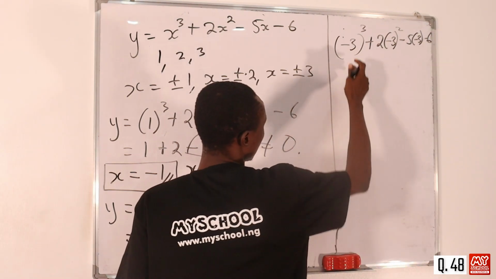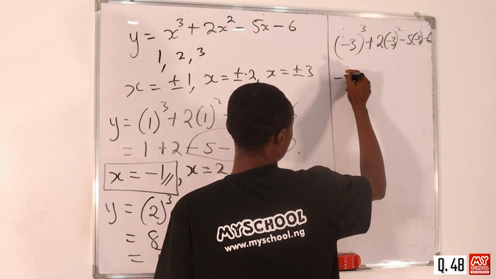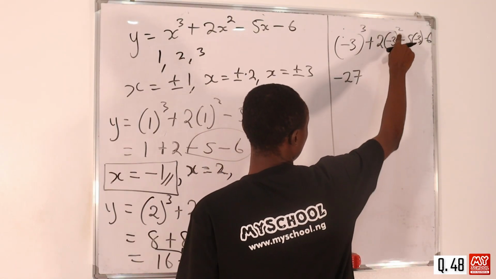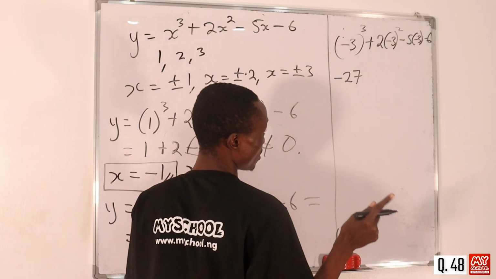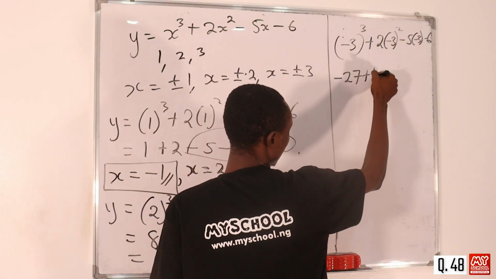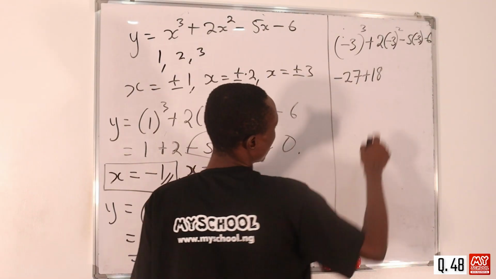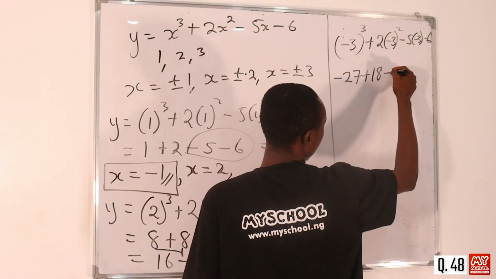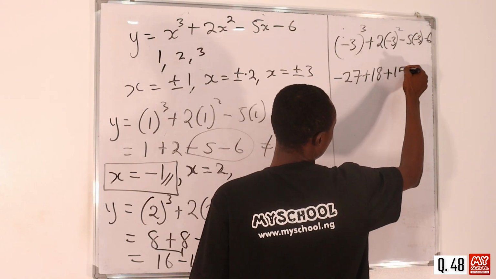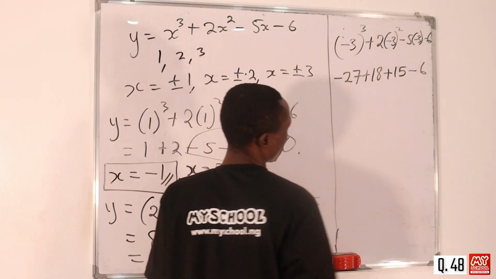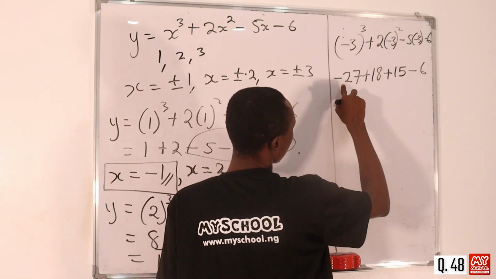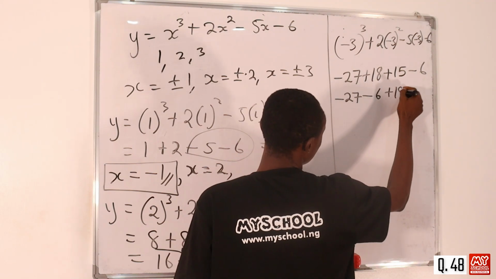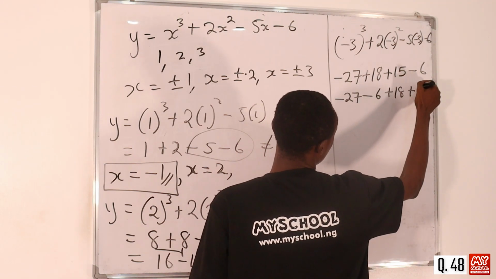Okay, so let's see. So minus 3 raised to power 3 will give us minus 27. Then minus 3 raised to power 2 is going to give us 9, and 9 times 2 is 18. So let's put our 18 here. Then minus 5 times minus 3 is going to give us plus 15, then minus 6. Now here we have minus 27, then minus 6, then plus 18, then plus 15.